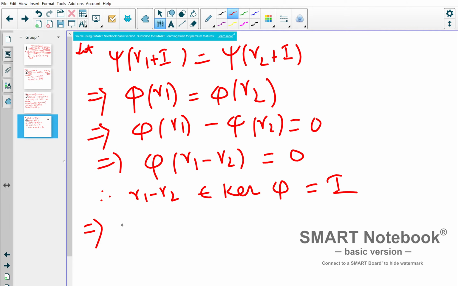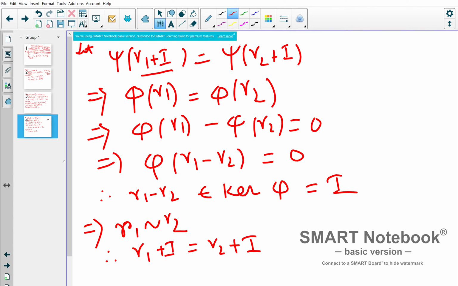You remember what R1 plus I is? This is the coset of R1, right? So that means R1 and R2 are equivalent, the way we define it. So their cosets are the same. So R1 plus I equal to R2 plus I. The cosets are the same. Actually, I don't need the identity property here.